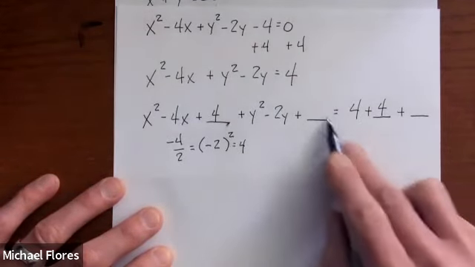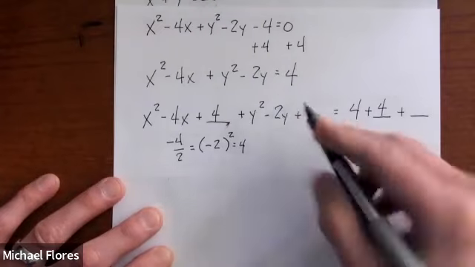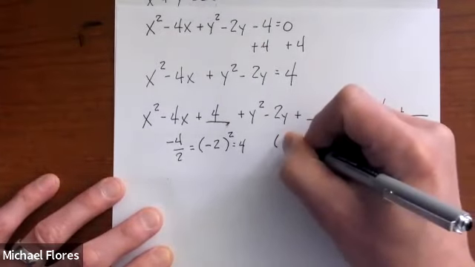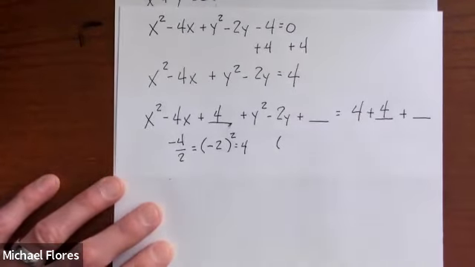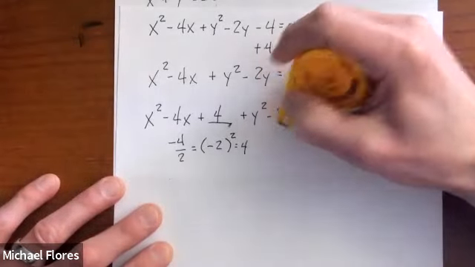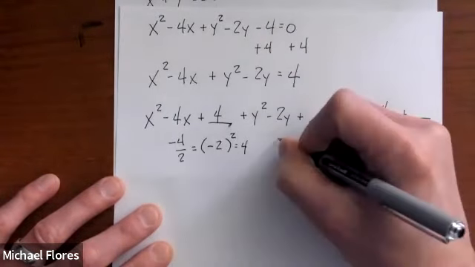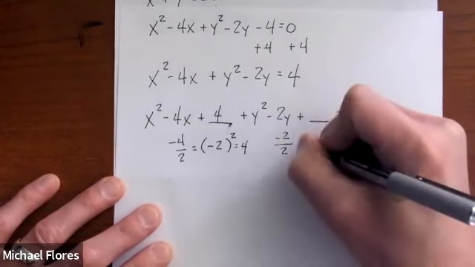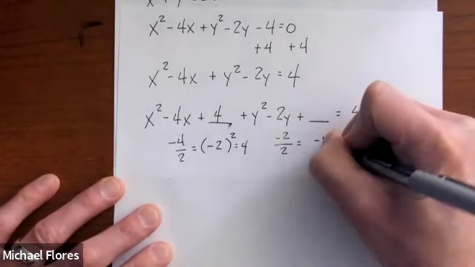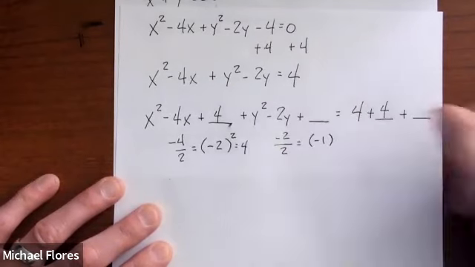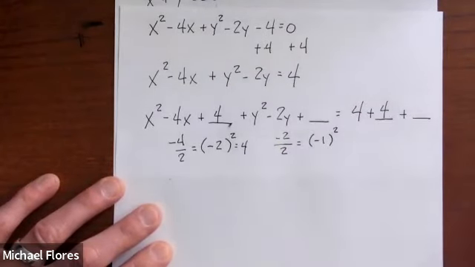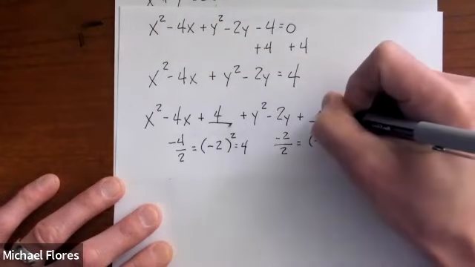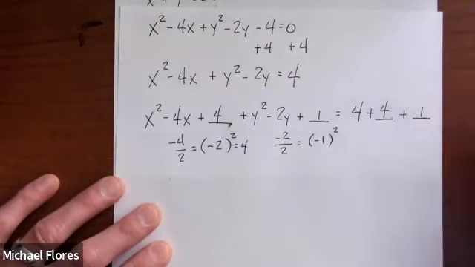Now, in order to fill in this blank, we're going to take the middle term there, whatever it is. Oops, I don't really need parentheses yet, sorry. Take that number, divide it by 2. So that gives us -1. And then square it. That squared is 1, and we're going to add that here.